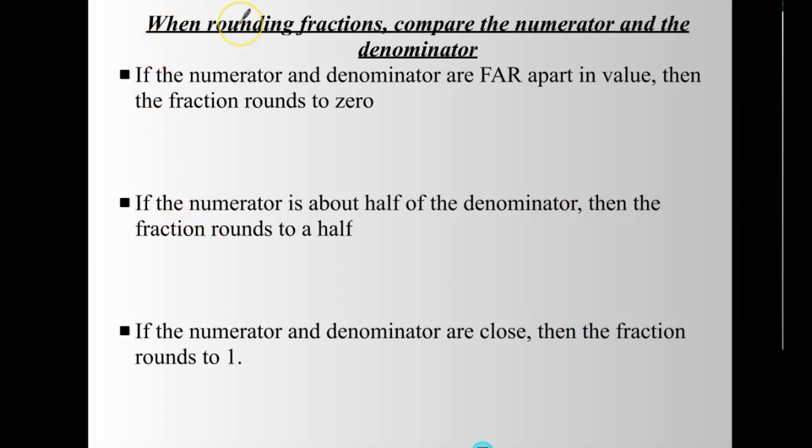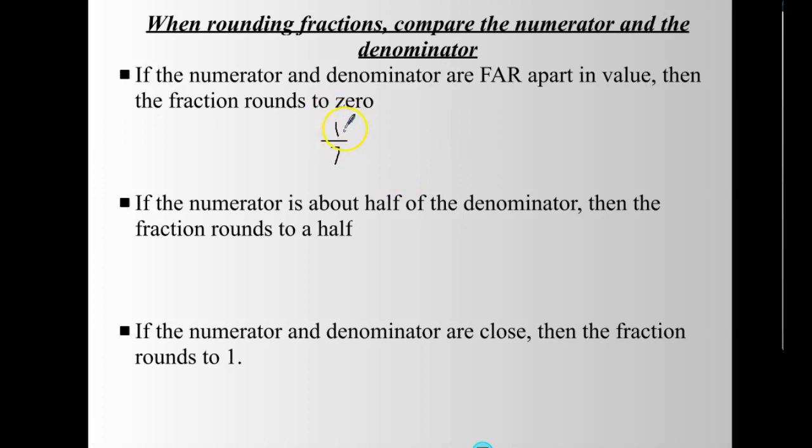Okay, so hopefully you've written all of these things down into your journal, and let's talk through them now. So these are clues that help us when rounding fractions: compare the numerator and the denominator. Our first one is if the numerator and denominator are far apart in value, then the fraction is going to round to a 0. So an example of that would be if I were to give you the fraction 1/7.